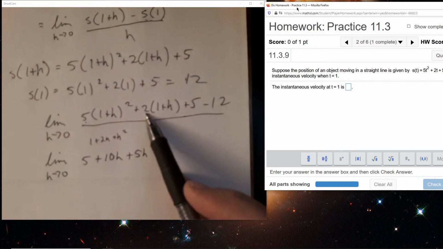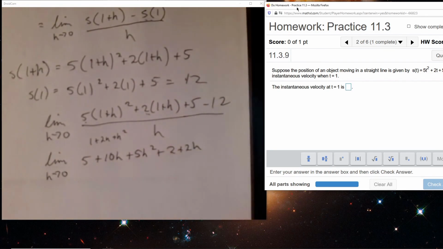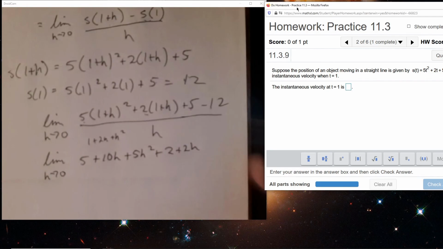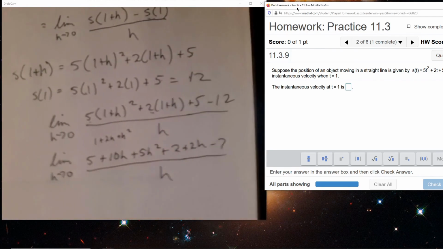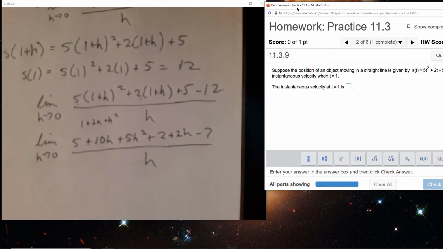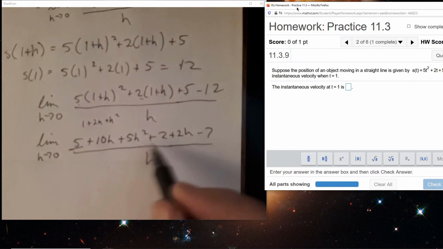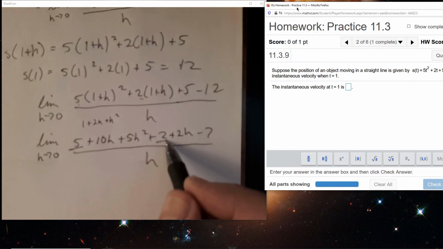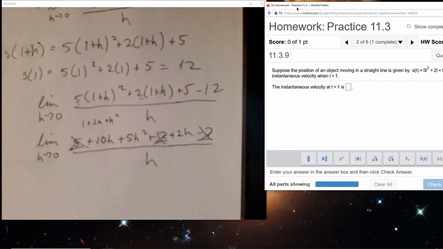And then we'll distribute a 2 into this parentheses here, which gets us 2 plus 2h. And then 5 minus 12 is minus 7, all divided by h. And we'll gather like terms. So 5 and 2 is 7, and 7 minus 7 is 0. So the numbers subtract out.